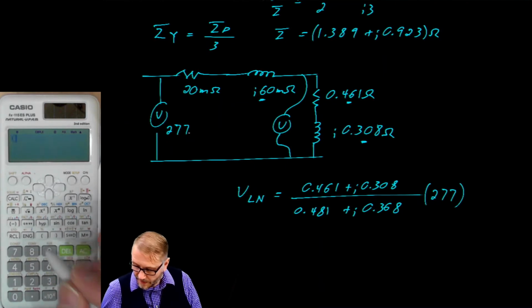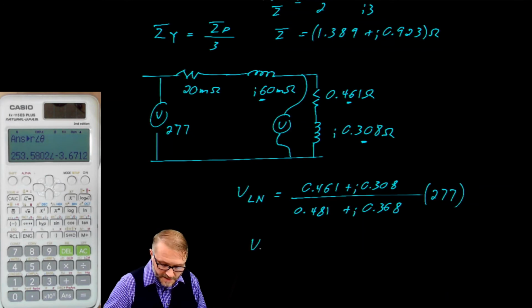We enter that in the calculator. It tells us the voltage line to neutral is 254 volts.